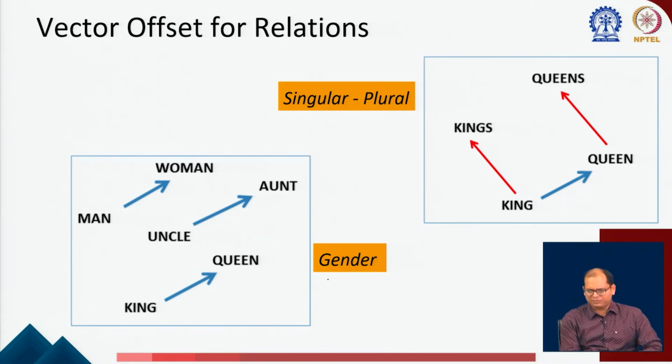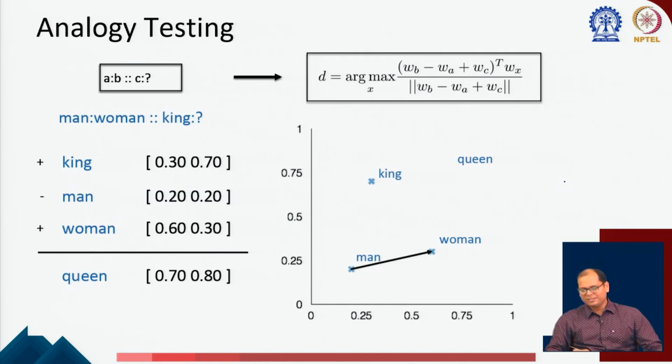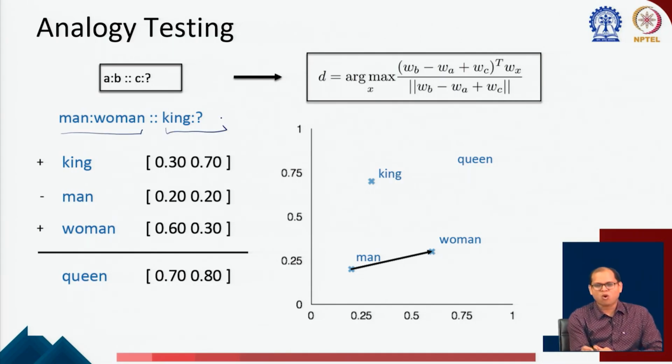Again, examples of, say, gender: king, queen, uncle, aunt, man, woman; singular, plural: king, kings, queen, queens. So coming back to the analogy, man is to woman as king is to what? If you have A, B, C, what is the vector for D?